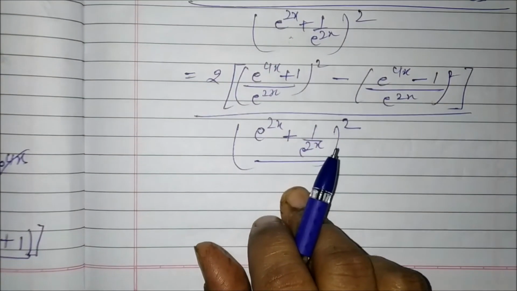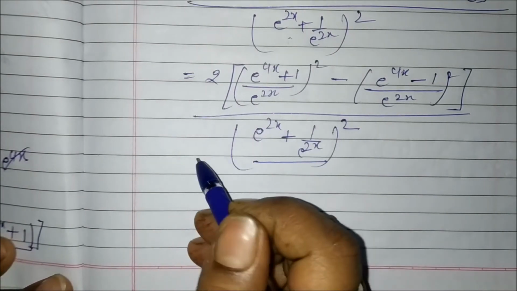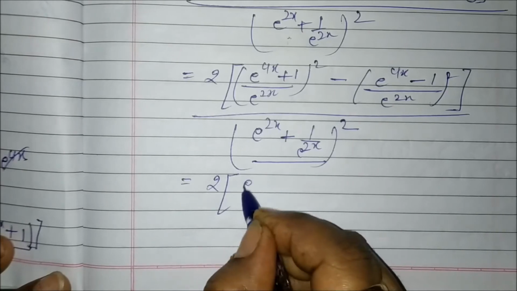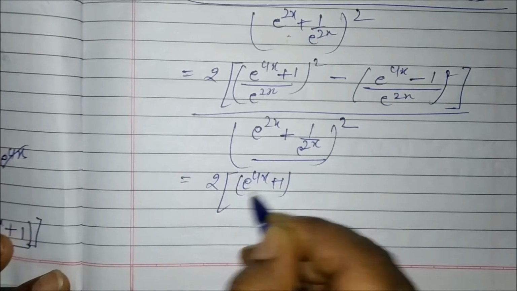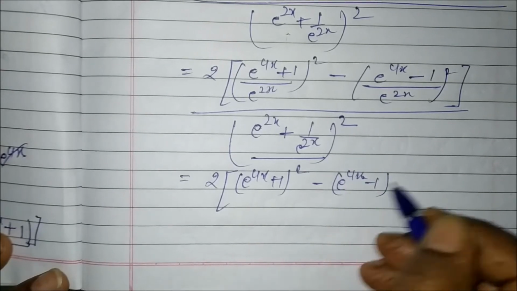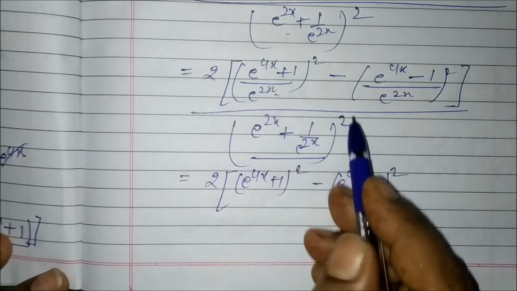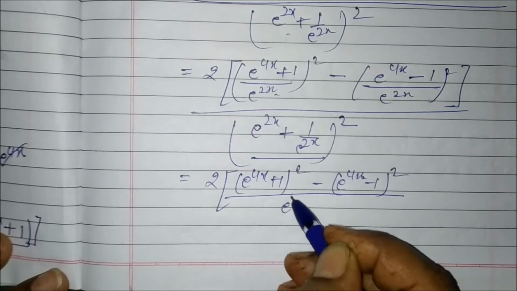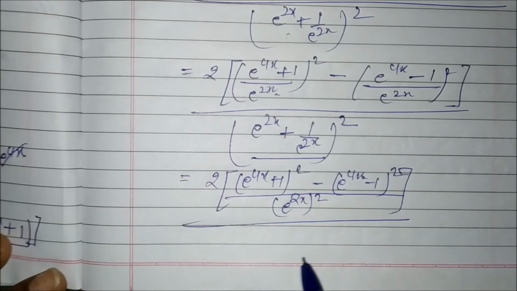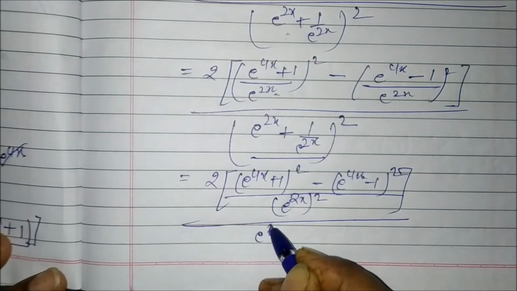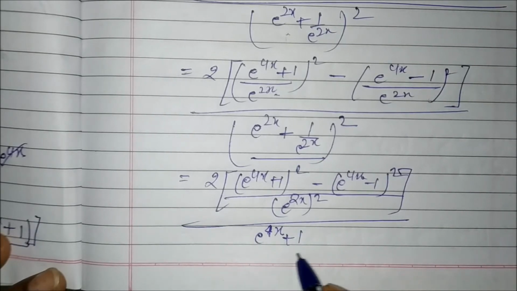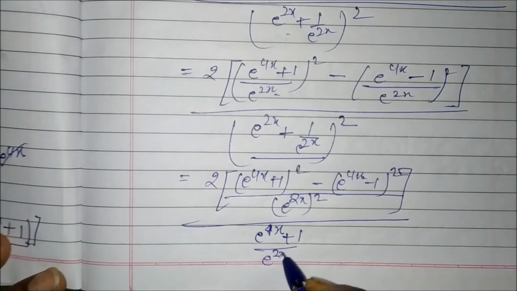After this step, do the square on both sides. 2 times (e raised to 4x plus 1) whole square minus (e raised to 4x minus 1) whole square. This is the same, so it can be taken LCM. e raised to 2x whole square upon (e raised to 4x plus 1) upon e raised to 2x.